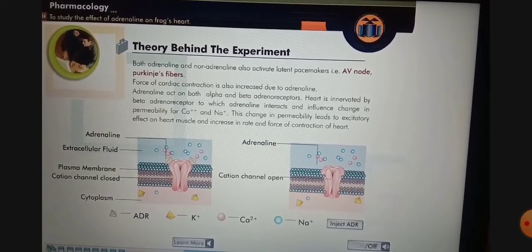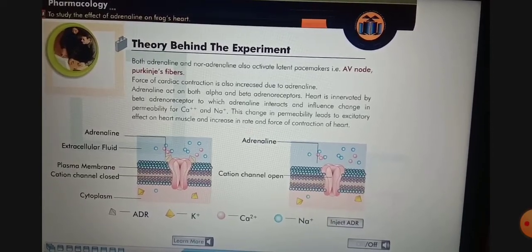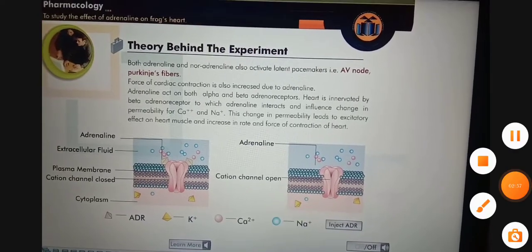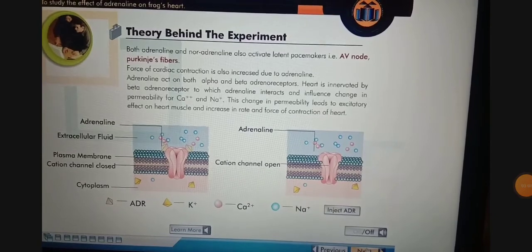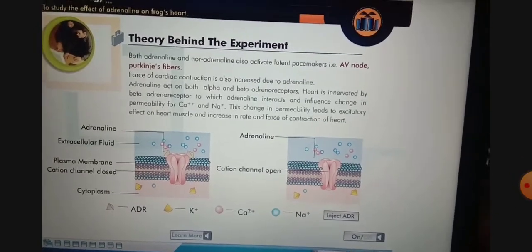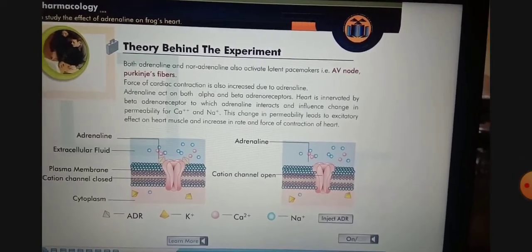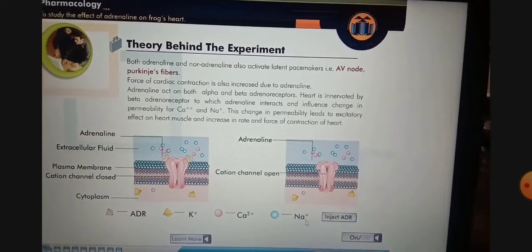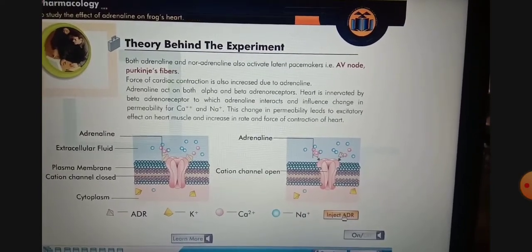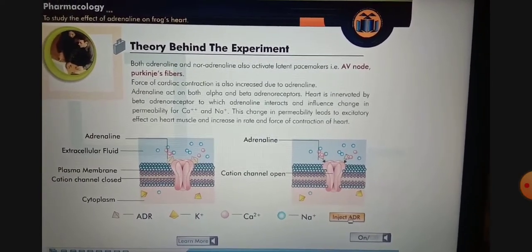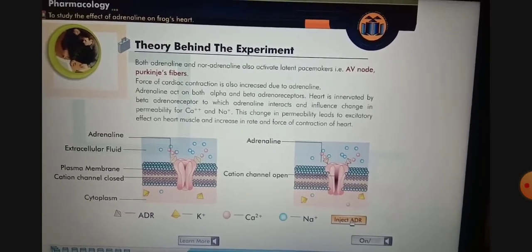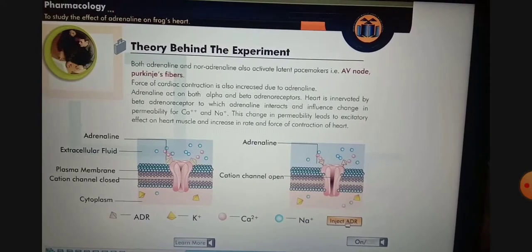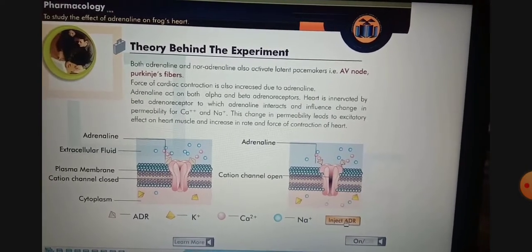This change in permeability leads to excitatory effect on heart muscle and increase in rate and force of contraction of heart. So when we inject adrenaline, it binds the beta-1 receptor present on the heart, and thereby causes the increase in heart rate and force of contraction of heart.